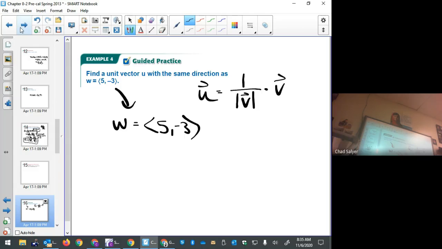Five squared should be plus. Just distribute and rationalize. We should be on the right path.